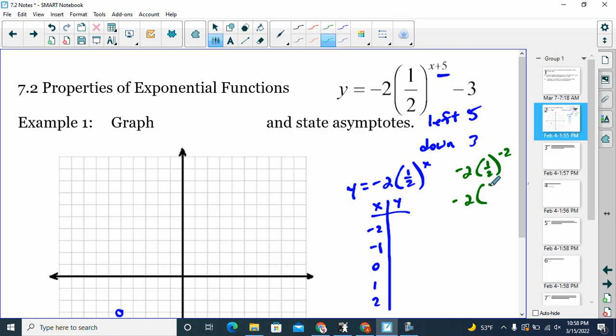Because the exponent's negative, we're going to flip it and make the exponent positive. 2 squared is 4 times -2 gives me -8. Plugging in -1 would give us -4. Plug in 0 would be 1 times -2. Here I have 1/2 times -2 and 1/4 times -2.